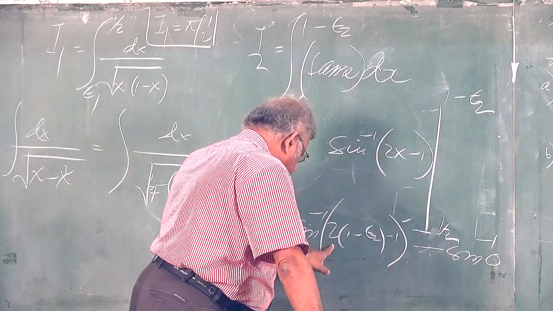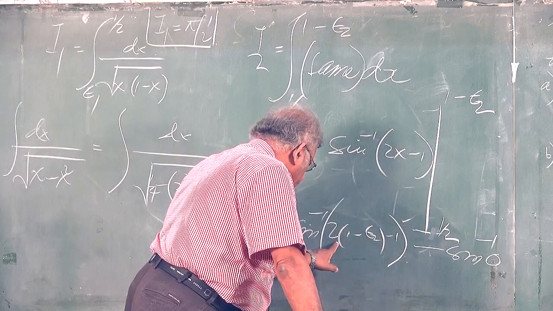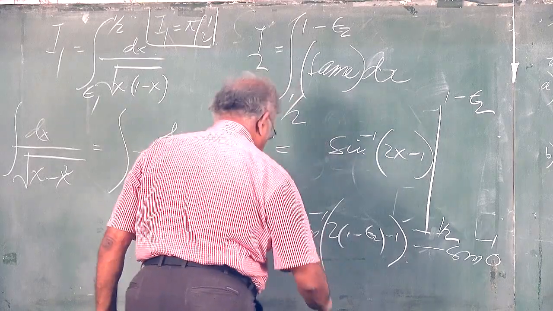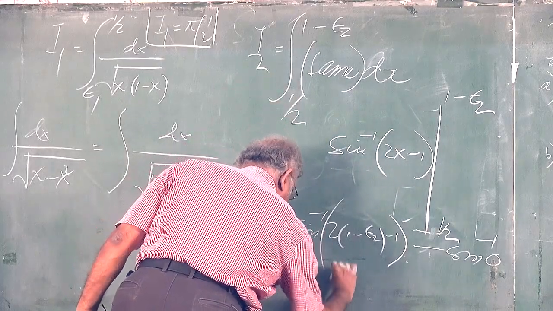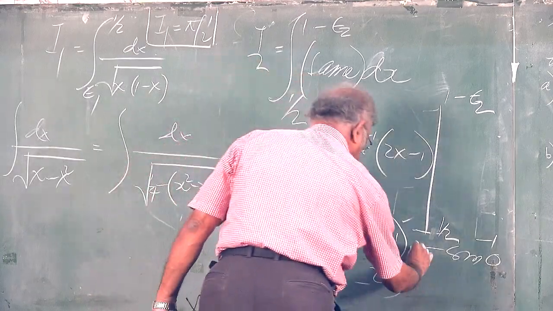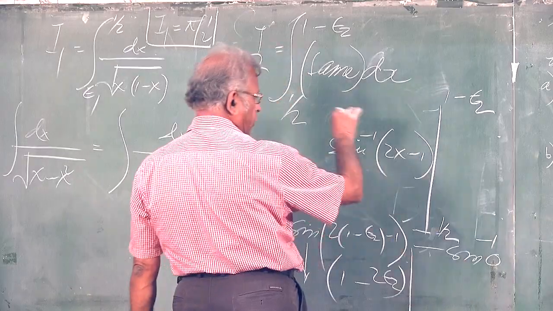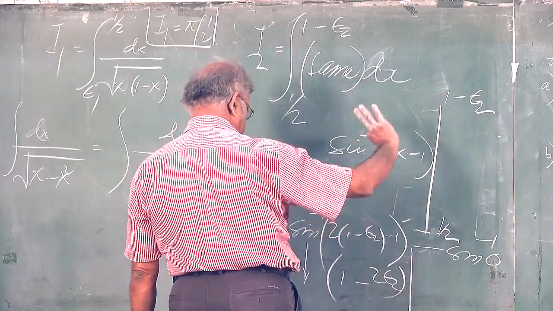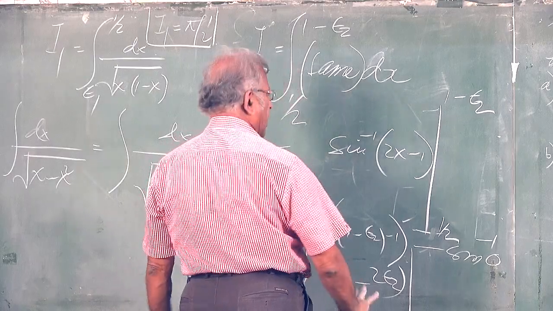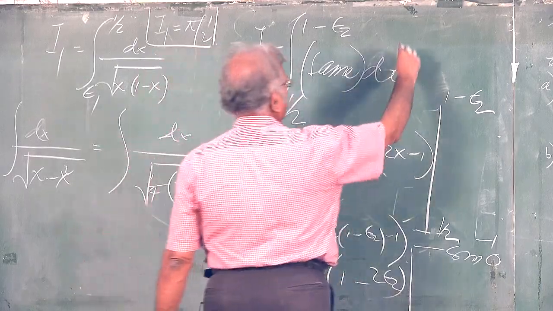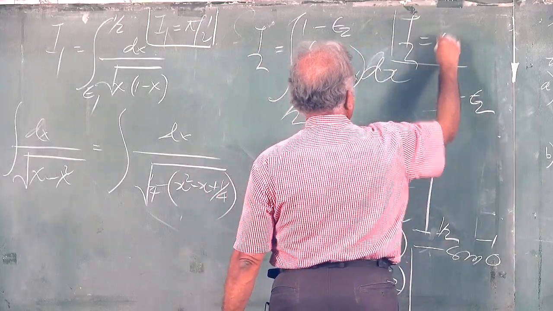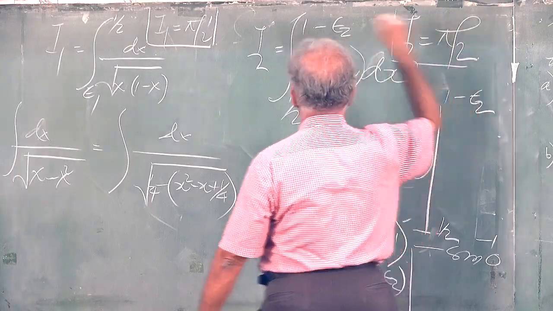Now 2 minus 1 is 1, so sine inverse of 1 minus 2 epsilon 2. We take the limit of this as epsilon 2 tends to 0 from the positive side. That results in sine inverse 1, which is nothing but pi by 2. So we trap that as well: I2 reduces to pi by 2.